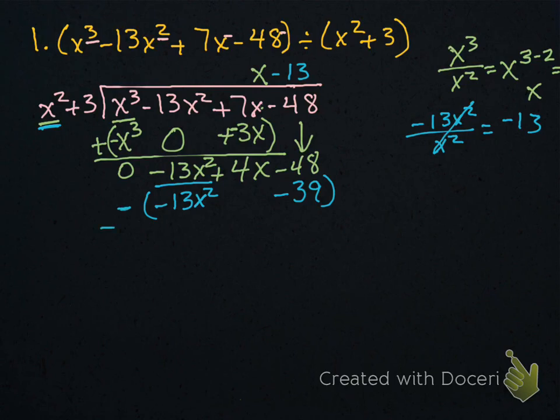And I'm going to subtract that. I'll change that into a positive and change my signs. Negative 13x squared plus 13x squared is 0. I'm going to bring down my 4x. And then negative 48 plus 39 is minus 9. That's my remainder.